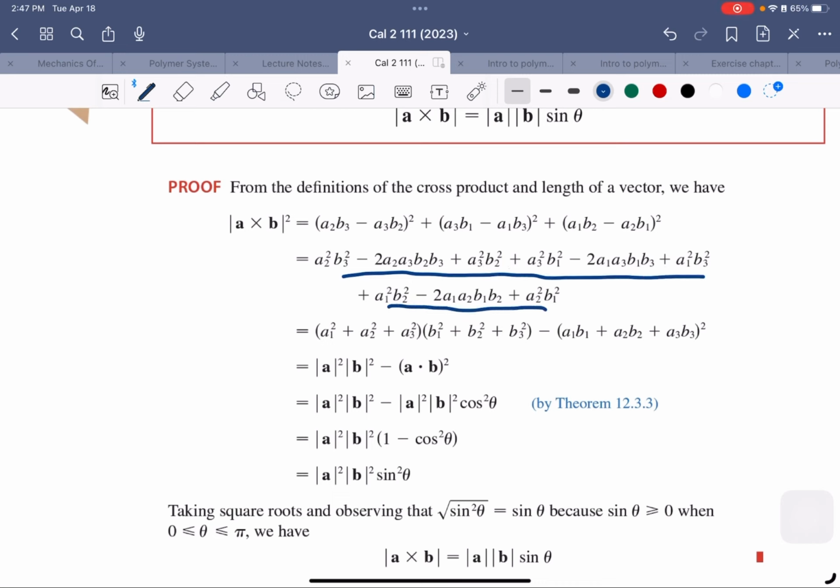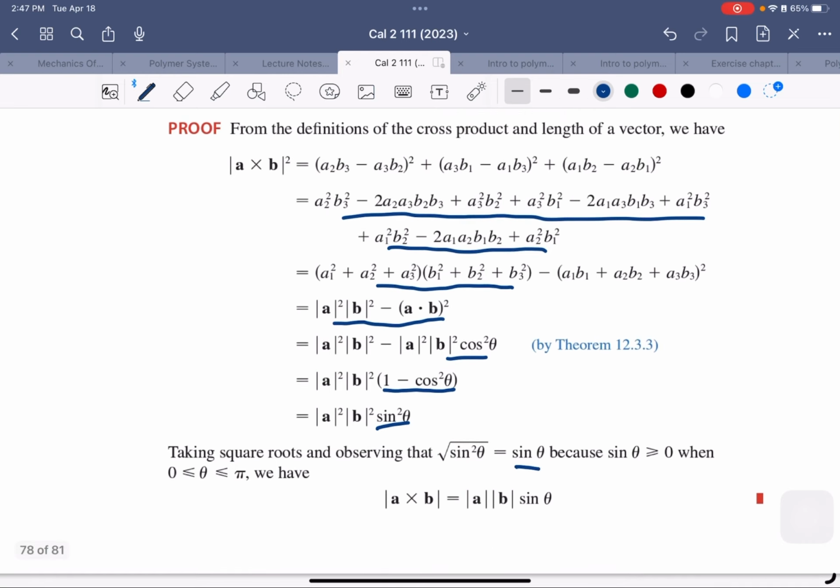Then we simplify and factorize with some algebra, which is quite advanced. Then we get this conclusion, which we can relate to the dot product, right? We have 1 minus cosine squared, which becomes sine squared. That's why we get sine theta from sine squared by taking the square root, and it is the positive sign, not the negative, because we are dealing with the positive value.